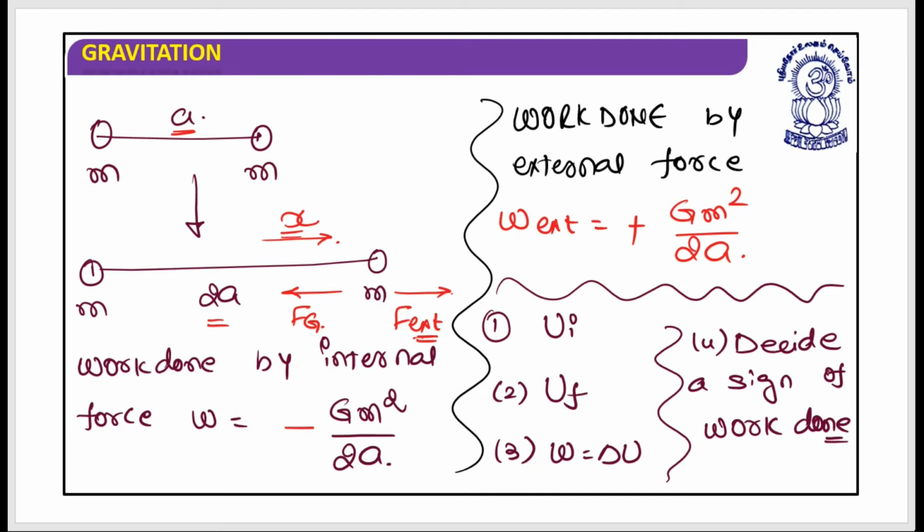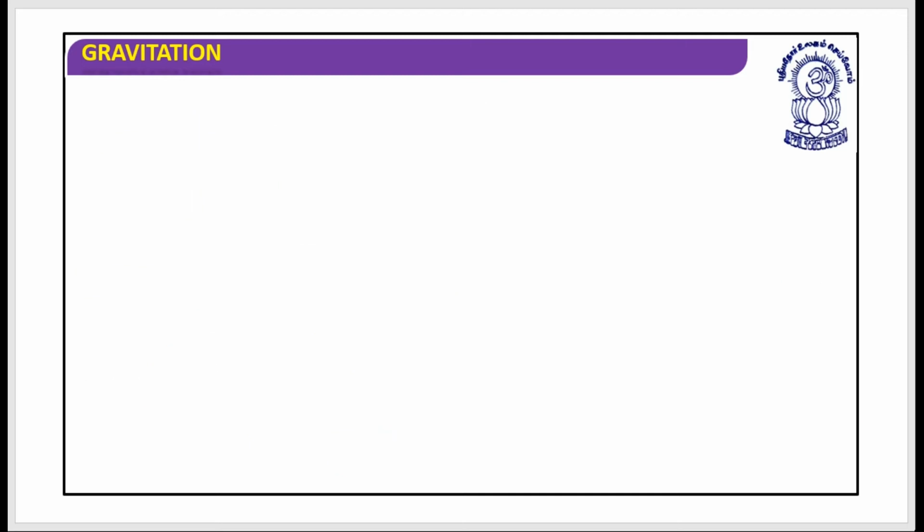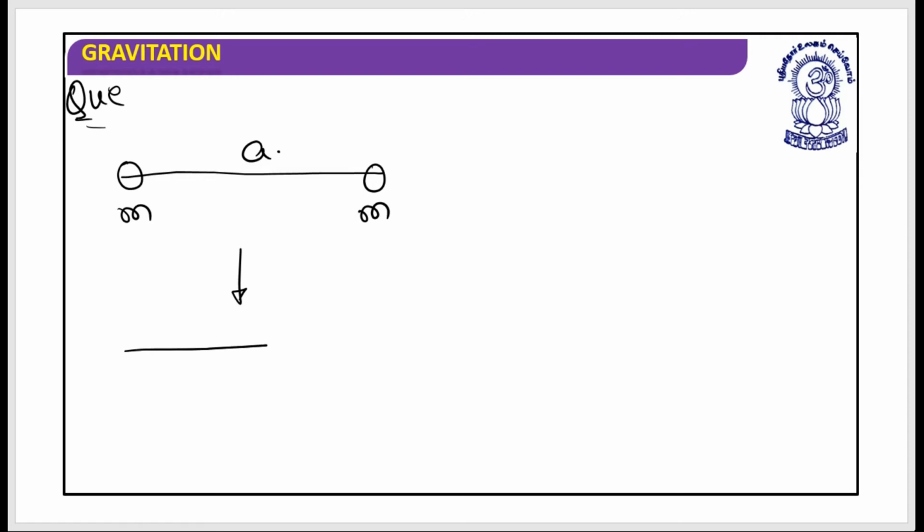Is it clear? Completely. So let's extend this question in a similar fashion. Let's understand that this is M, this was M, and their initial separation was A. Now let's suppose their separation has been reduced by half and now their separation is A by 2. The question remains the same: find out the work done required.